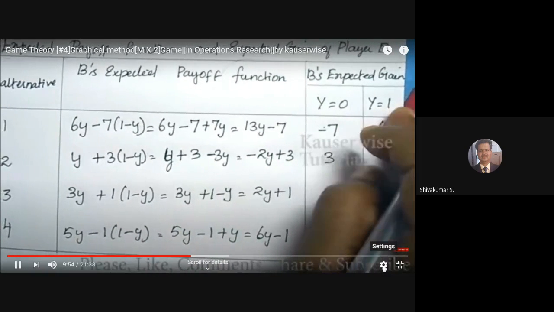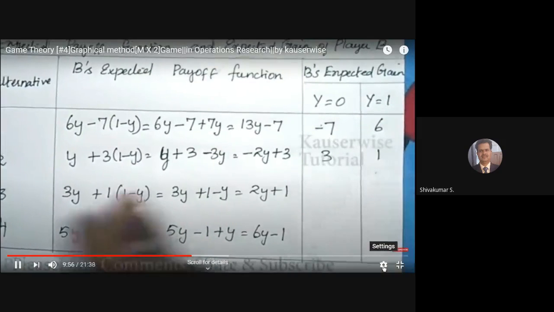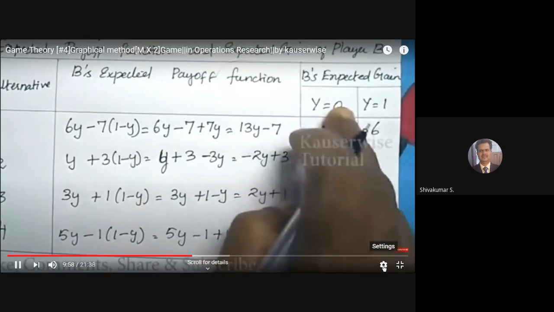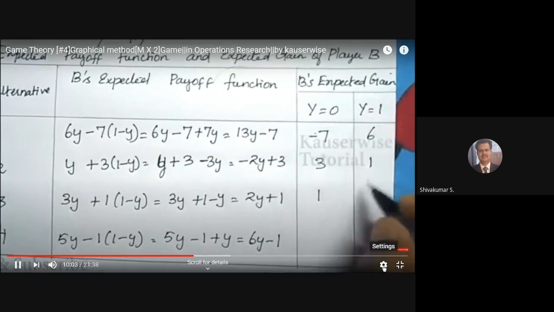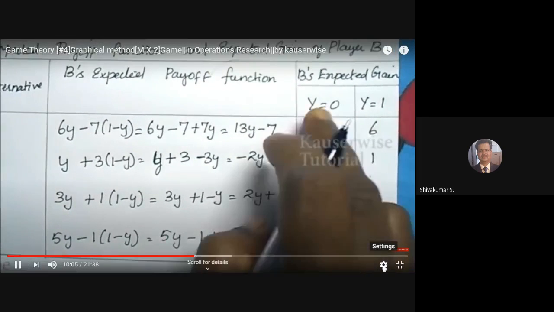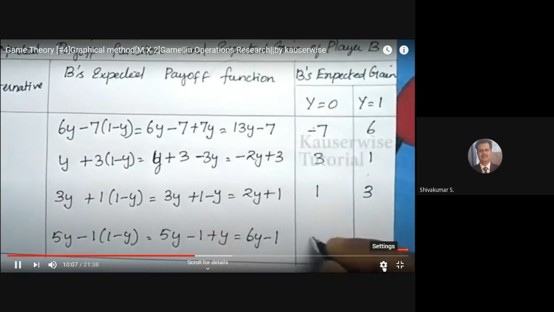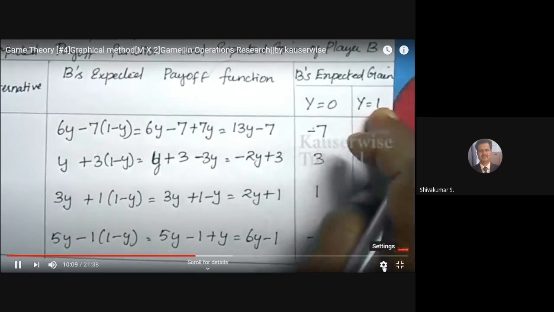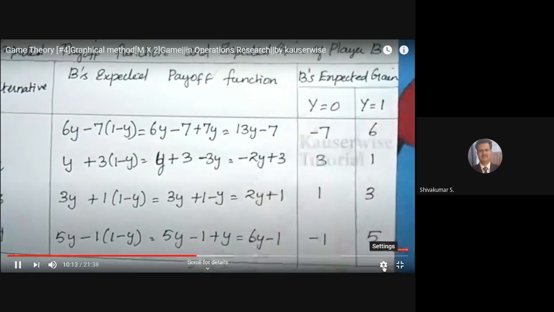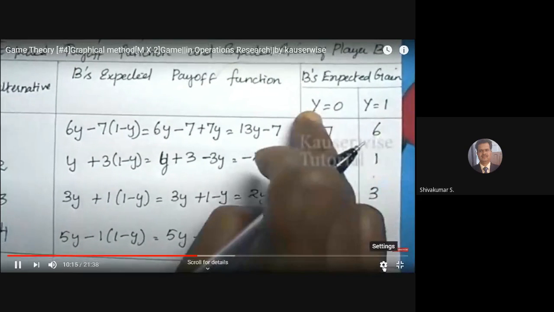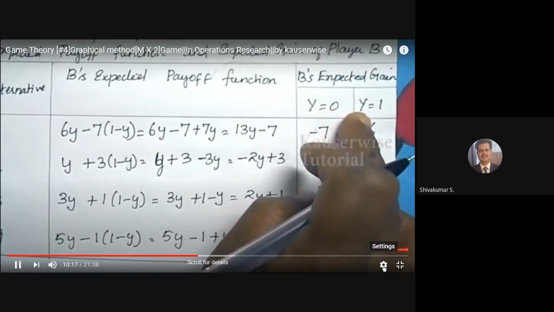When Y is equal to 1, the value is 1. For the third one, when Y is equal to 0, the value is 1. For Y is equal to 1, the value is 3. For the fourth, when Y is equal to 0, the value will be minus 1. When Y is equal to 1, the value will be 5. These are the expected gains when Y is equal to 0 and Y is equal to 1.